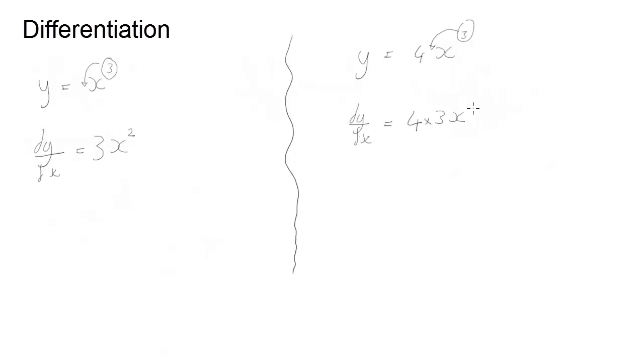Our x is still there. Now, we take away 1 from the power. So the power is 3, but we take away 1 from 3, and we get 2. So, now let's simplify that. Well, we know that 4 times 3 is 12. So, 12x squared. There we go. Done. Simple differentiation.